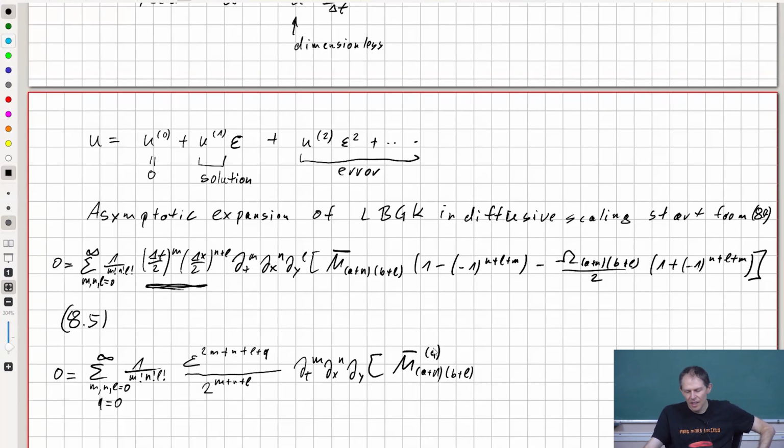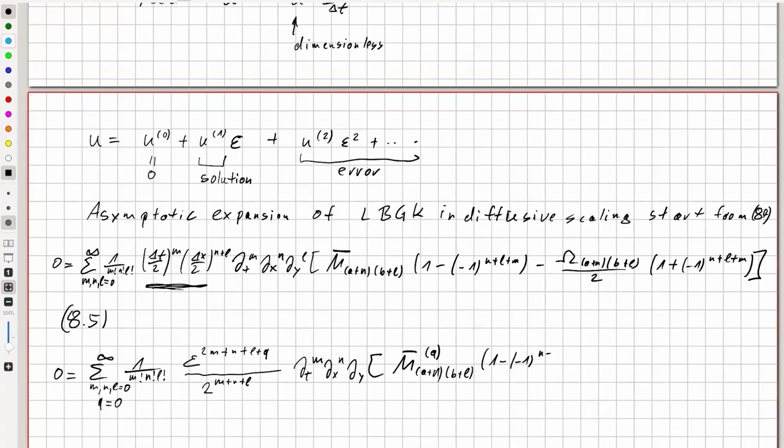This is order Q. So this is why we have to multiply with epsilon to the order Q, epsilon to the Q times m order Q, right? And we sum over all of them. You get it? 1 minus 1 n plus L plus m.